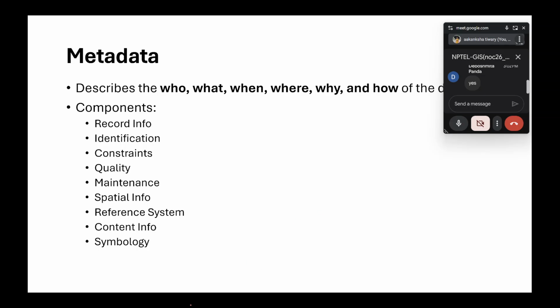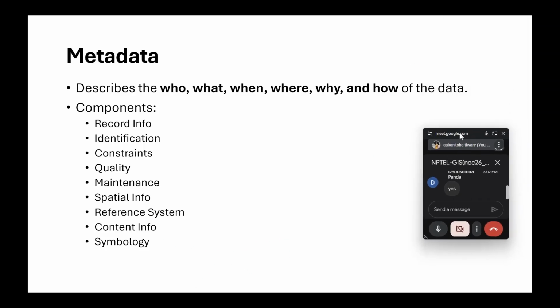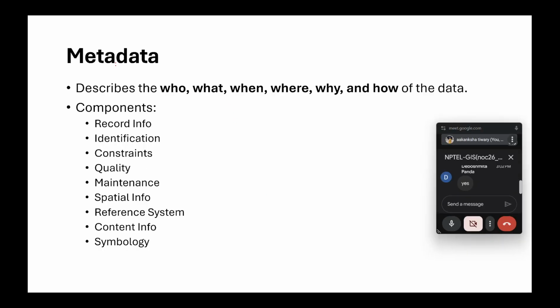So the next part is metadata. We talked about this. Whenever you are downloading data, you need to know which satellite was used to collect the data, what time this data was collected, how it was collected, what the projection system or reference system is, and what processing has been done.